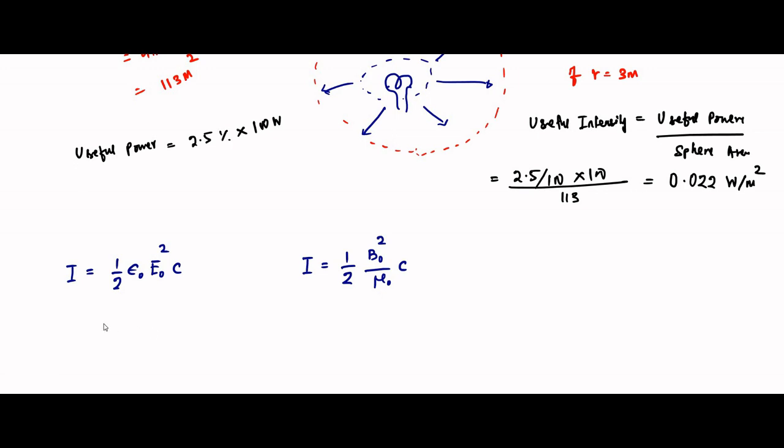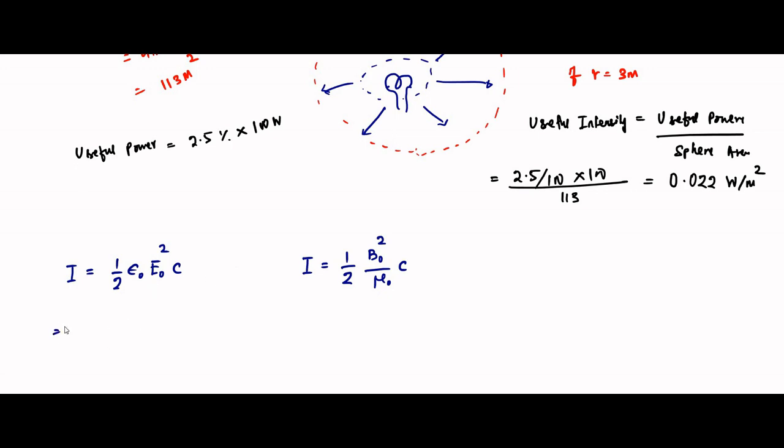Now we can use any of these two equations to determine the value of either the peak electric field or the peak magnetic field. Let us say we go by this expression. Let us get the expression of E0.